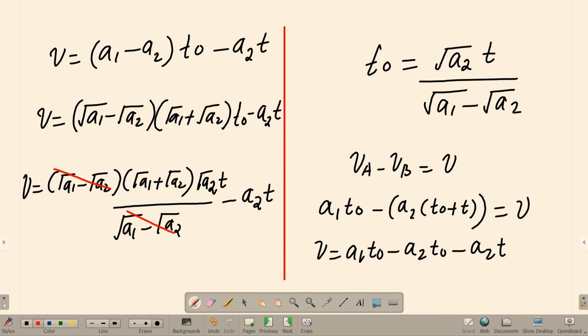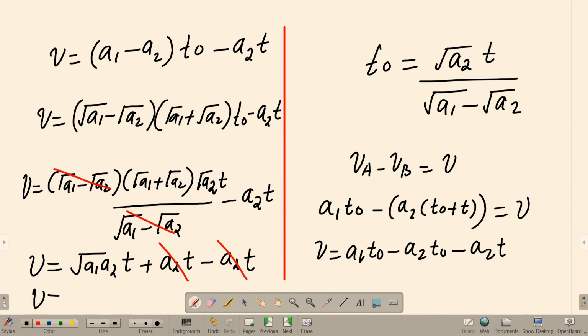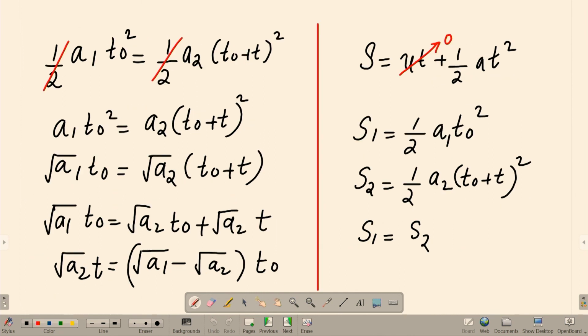Remaining is root of a1 a2 multiplied by t, and minus a2 multiplied by t. Hmm, the two root a2 t terms get cancelled out. So the final answer: the velocity v is equal to root of a1 a2 multiplied by t. So that is what we need in the problem, right?